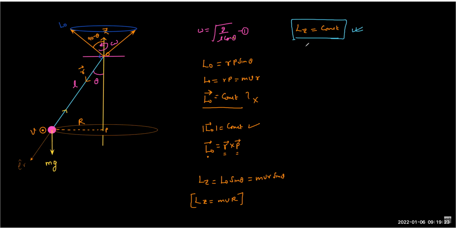Yeah. So even in vector form, it is true. Like if I say Lz direction also, this is constant. Because there is no torque about the z-axis, so that is what we have to, of course, describe or analyze after this.